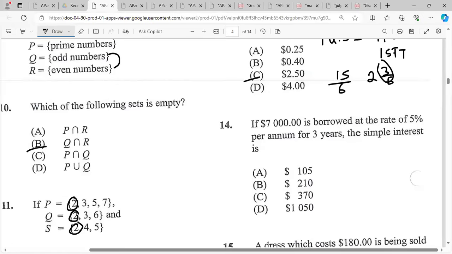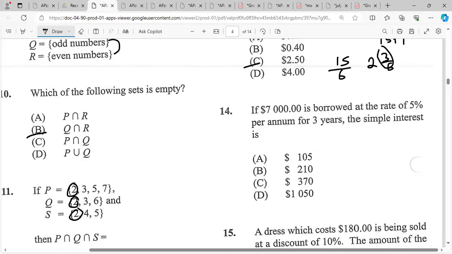All right. If $7,000 is borrowed at a rate of 5% per annum for 3 years, the simple interest is, so simple interest is equal to the principal times the time times the rate. Now the rate is a percentage, so the rate will be over 100. I'm going to find the simple interest.